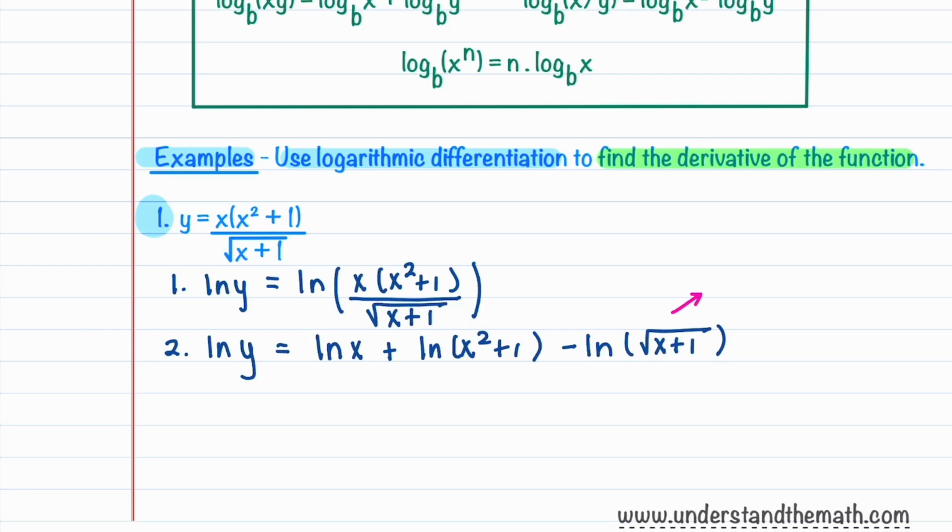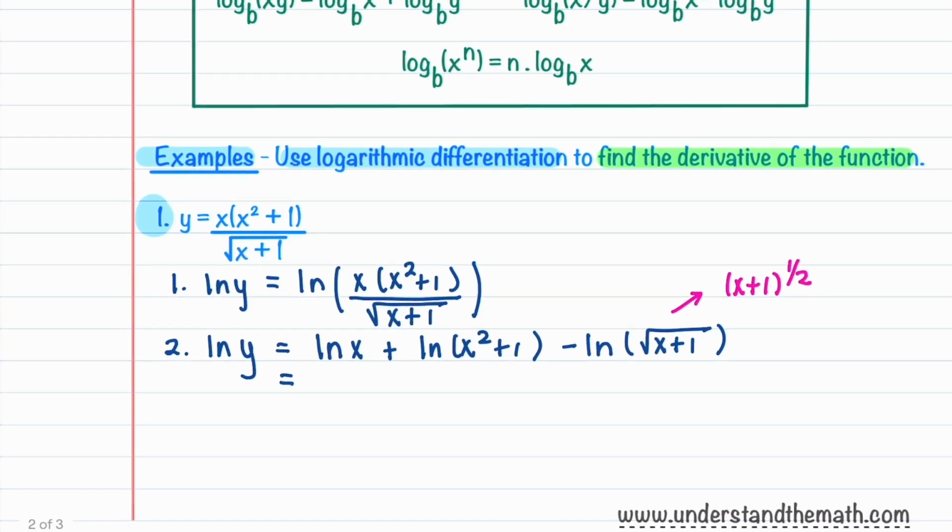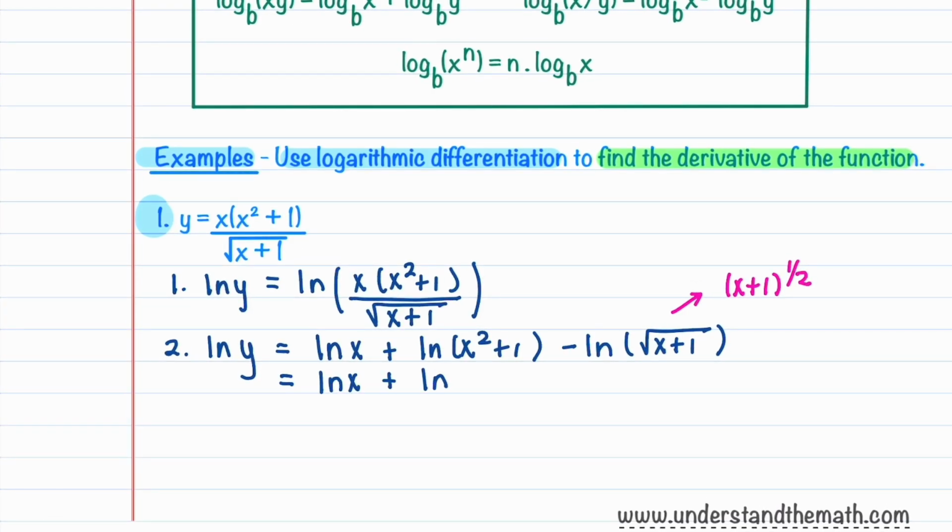I'm just going to remind us here that the square root of x plus 1 is (x plus 1) to the 1/2. So we can do one more step of simplification, and we're going to pull that 1/2 out in front. So this becomes ln x plus ln (x squared plus 1) minus 1/2 ln (x plus 1).